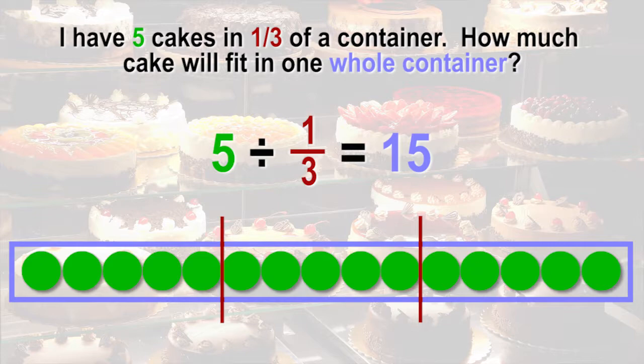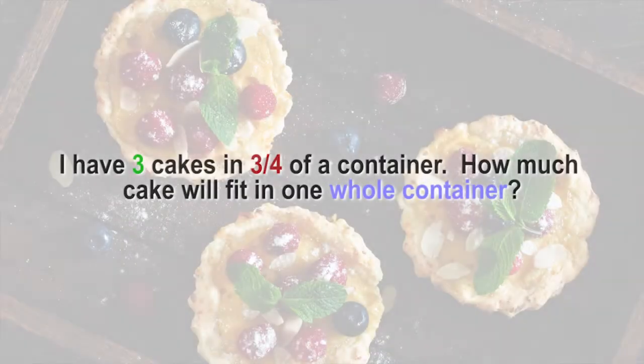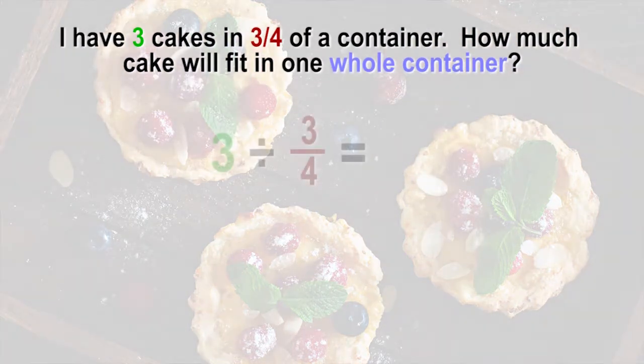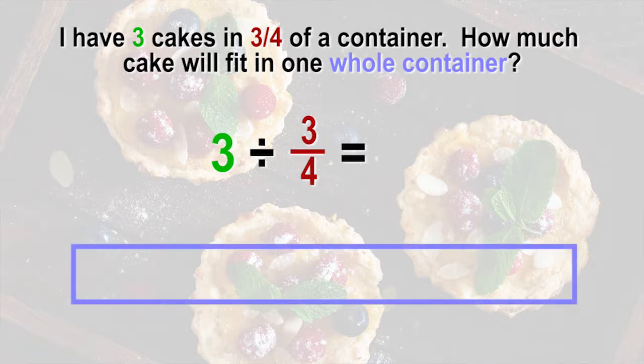Let's solve another problem. I have 3 cakes in 3/4 of a container. How much cake will fit in one whole container? How much cake is in the whole container when 3 cakes are distributed into 3/4 of the container? To solve this problem, we will draw a container divided into 4 sections. 3/4 is represented by 3 of the sections.